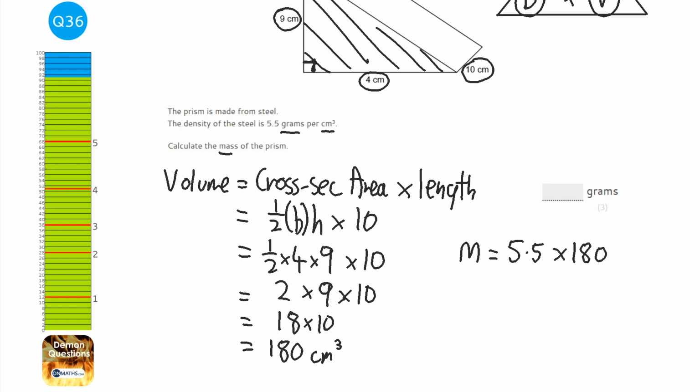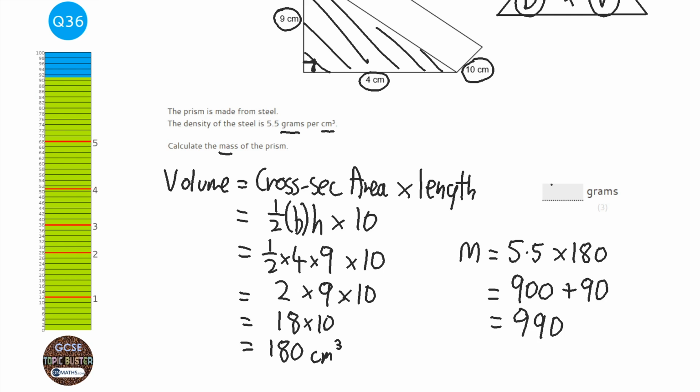So if I have a calculator, I can just type that in. Otherwise, I could do 10 times 180, which is 1,800, then halve it, which is going to be 900, and then half times 180, which is 90. So that's 990. So the answer is 990 grams.